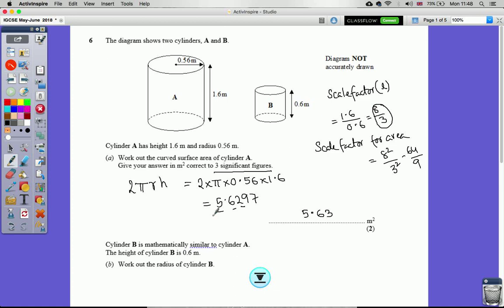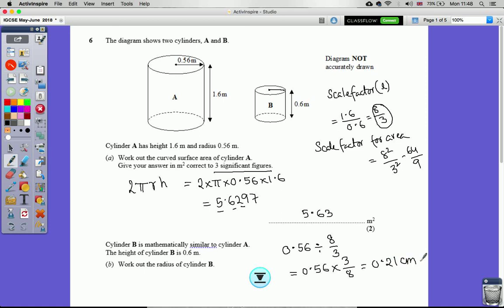Okay, so I'm trying to find out the length of the radius of the cylinder B. So in this case, what I'm going to do is 0.56. I'm trying to find out the smaller one, divided by 8 over 3, which will give me 0.56 multiplied by 3 over 8, and the answer is going to be 0.21 centimeters.